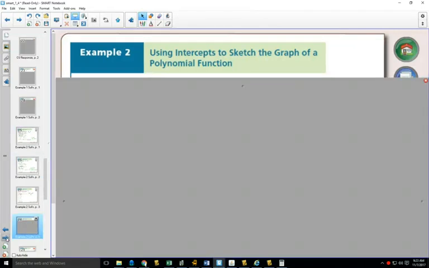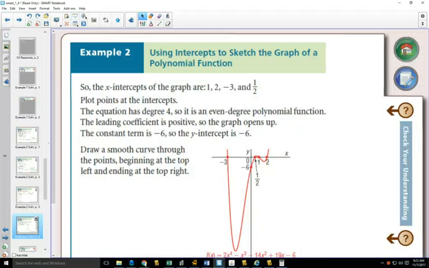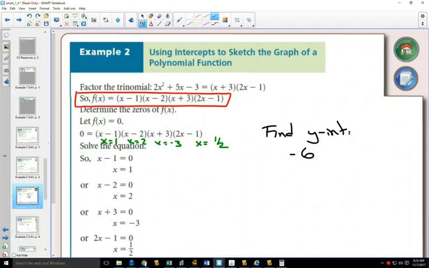So when we go to graph this, you would label your 4 x-intercepts. You would label your y-intercept. I'm not going to use this graph. I'm going to go from here so you can see it. This is what you would do. You would say, I have 4 x-intercepts.